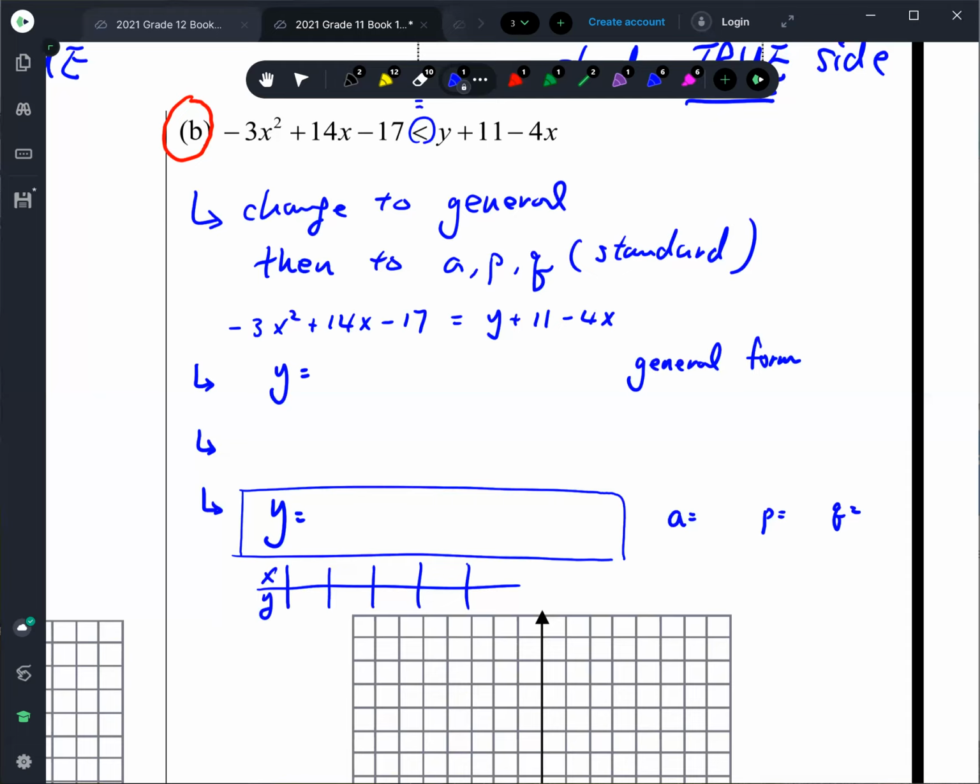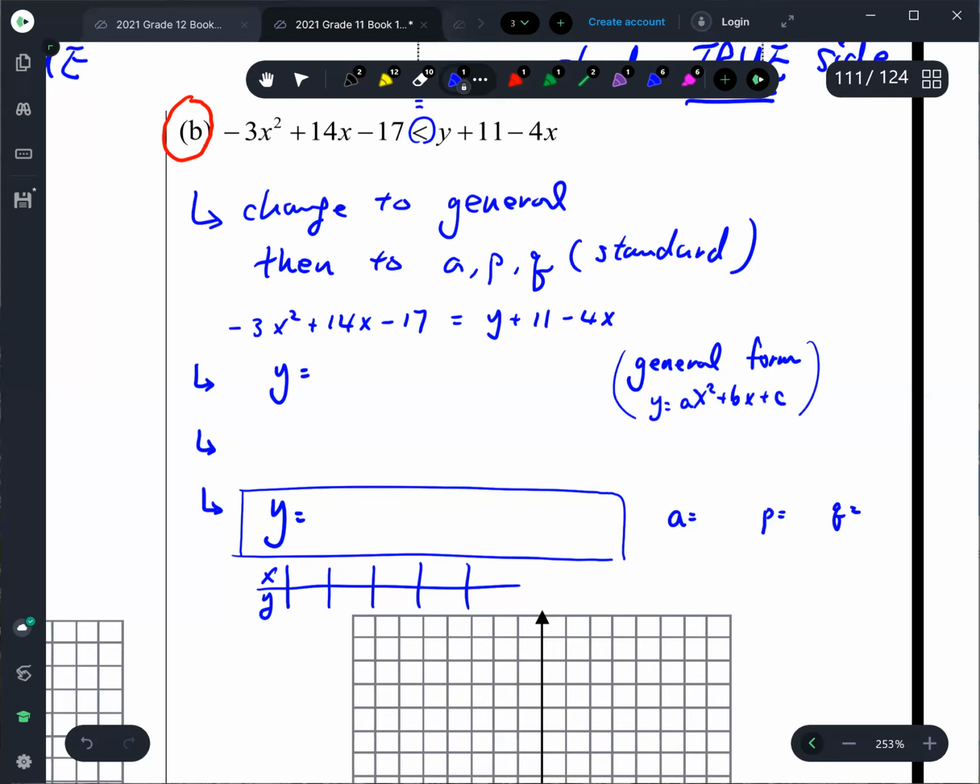That's called a standard form, not general form. General form is just y equals and then everything combined together, like ax squared plus bx plus c. Isolate the y. You need to get here first before you start changing to the standard form.